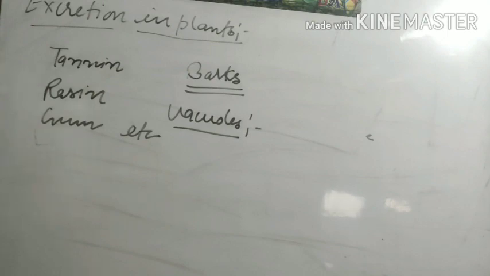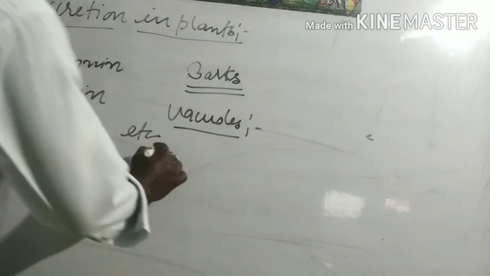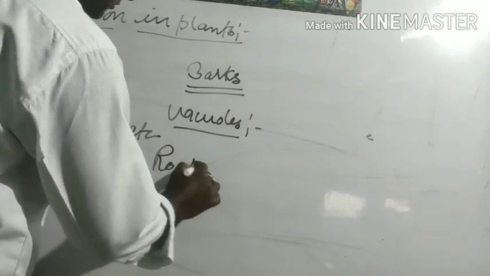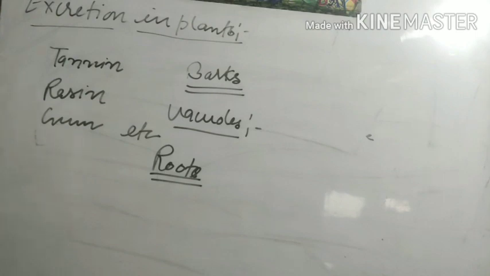There is excretion by the roots also. How is there excretion through the roots? Students, some waste substances are actually excreted by the plants in the region of roots.